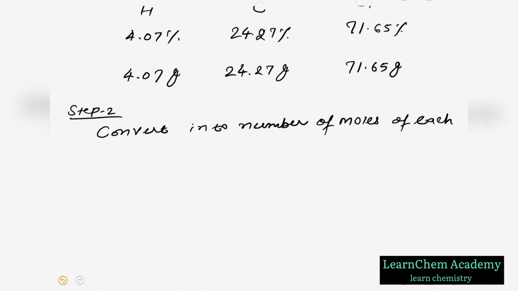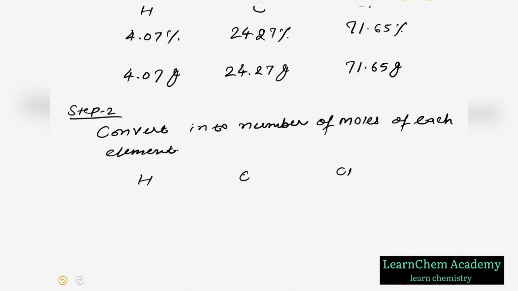We have hydrogen, carbon and chlorine. By the given mass we can calculate the number of moles by dividing by the atomic mass.